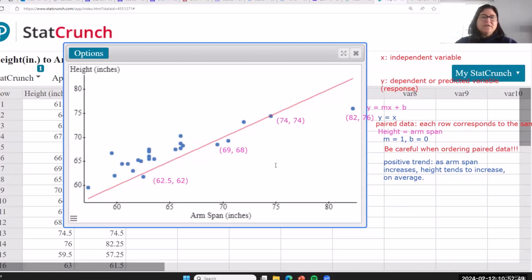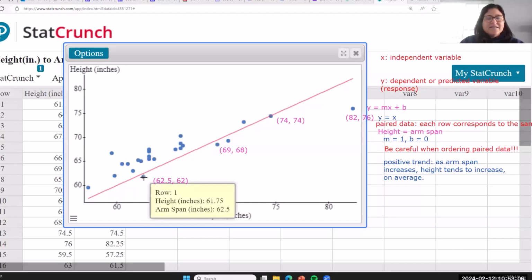What do you notice about all of these points? So these 3 points here, here, and here. Normally, I don't have to type them in. Normally, StatCrunch will show them to me. Oh, there they are. They do show me. Hey, I can see them now.